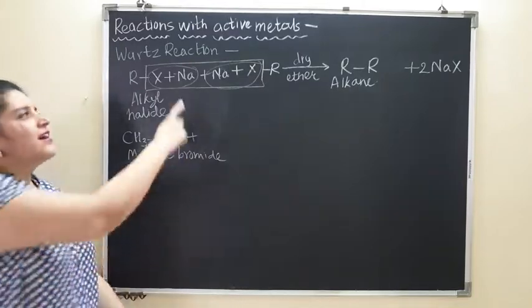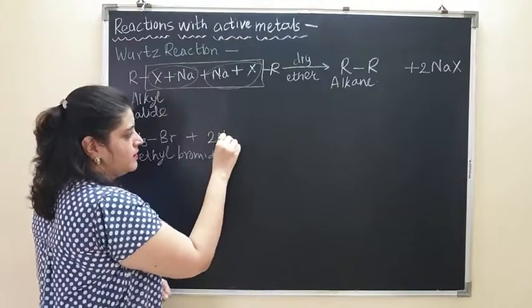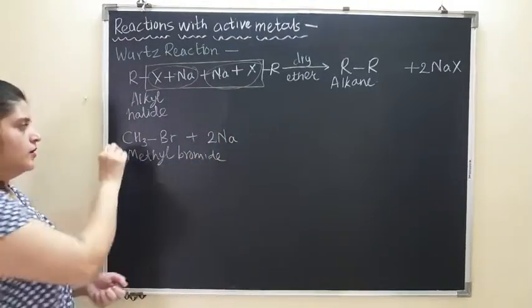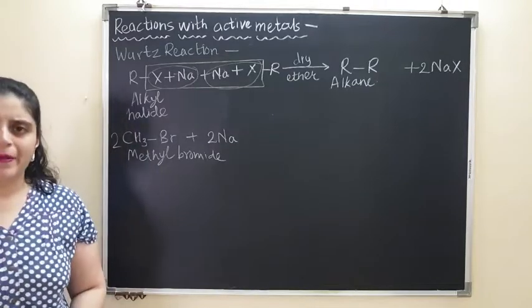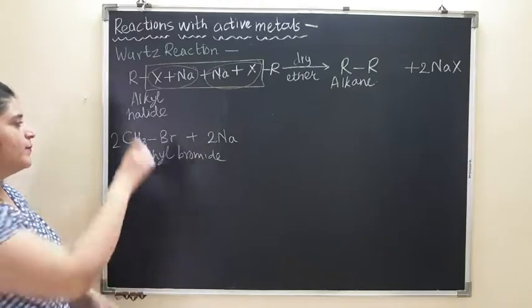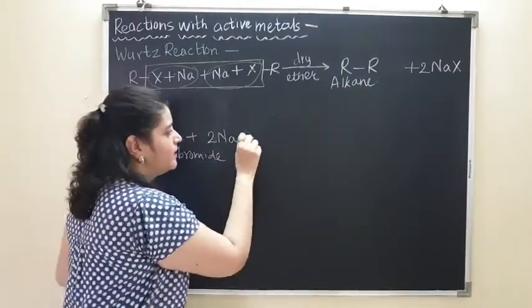You can either write Na plus Na or simply write 2 times Na. Similarly, you can write 2 times CH3Br if you are confident enough. But if you are not confident enough to write down the product, write this CH3Br again over here.